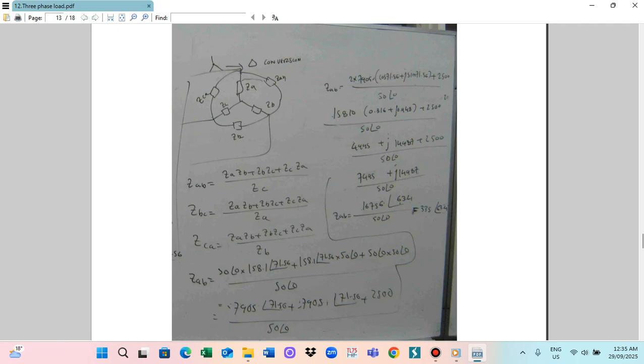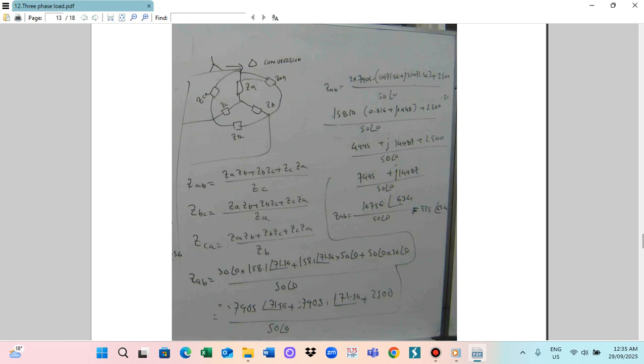So star to delta we change so that we can find the values. ZA is 50 angle 0. ZB we can change. This is the square root of 50 square plus 150 square, and the angle is tangent inverse of 150 by 50. So this one you can call ZB.